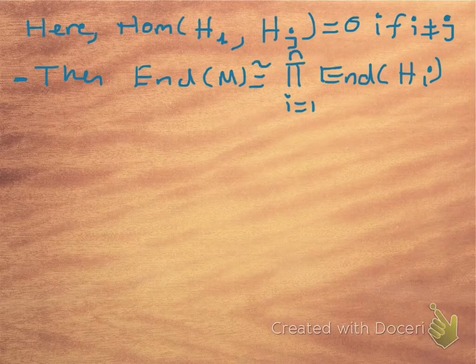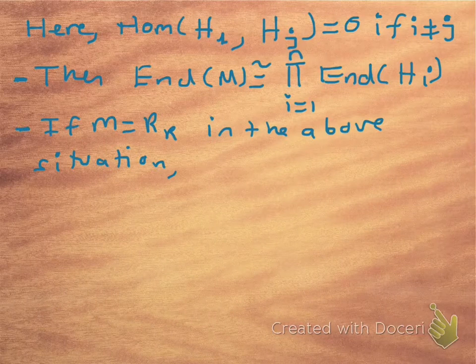Once again, this could be seen as a special case of what we discussed in the previous slides about the endomorphism ring of a direct sum. And using the fact that Hom(Hi, Hj) is 0 when i is different from j, we can easily see this. So I leave it to the viewer to fill in the details.